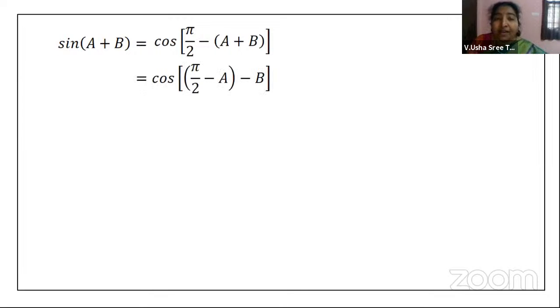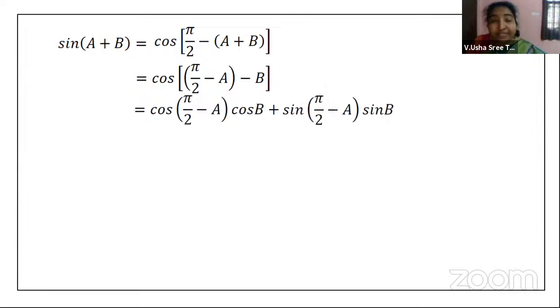Now likewise, sin of a plus b, when you calculate, is nothing but cos of 90 minus of a plus b. You can also rewrite it as cos of 90 minus a minus b. Now how is it looking? Some cos of some a term minus b, isn't it? So when you apply the formula, cos a cos b plus sin a sin b, instead of a you have pi by 2 minus a.